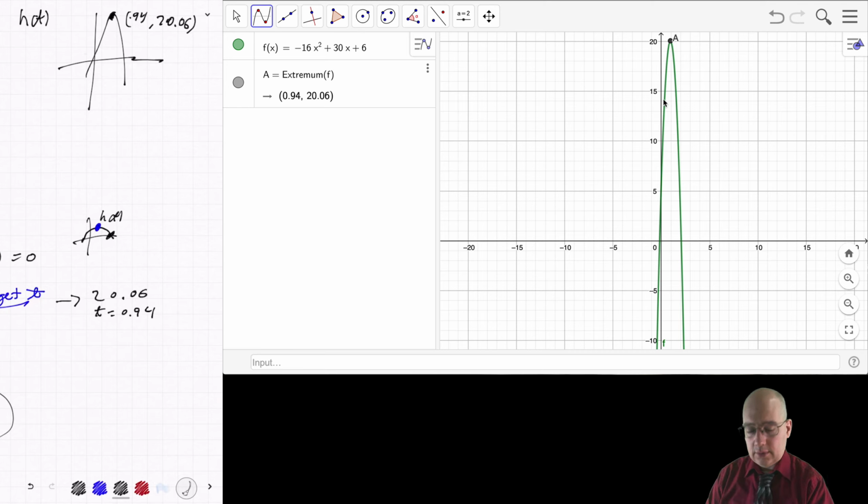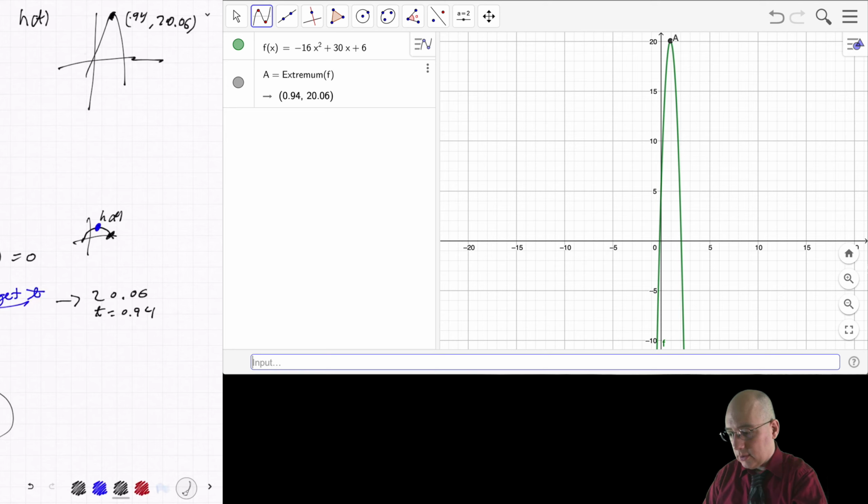And now that we have the height, we can also look at this other function, which is really kind of in its own realm. Has nothing to do with this parabola, except that now I want to find out where in that location it is.